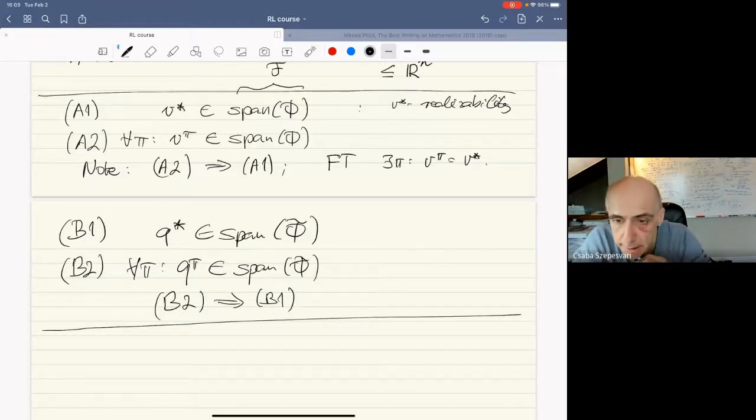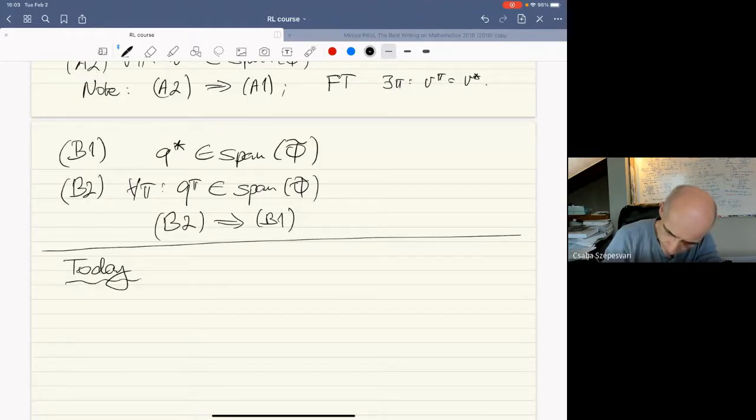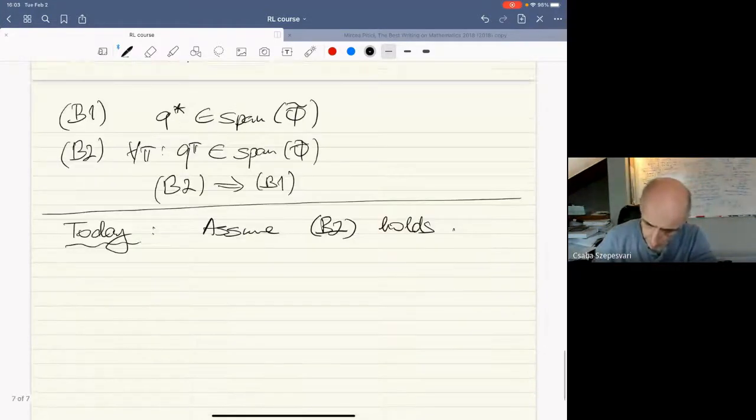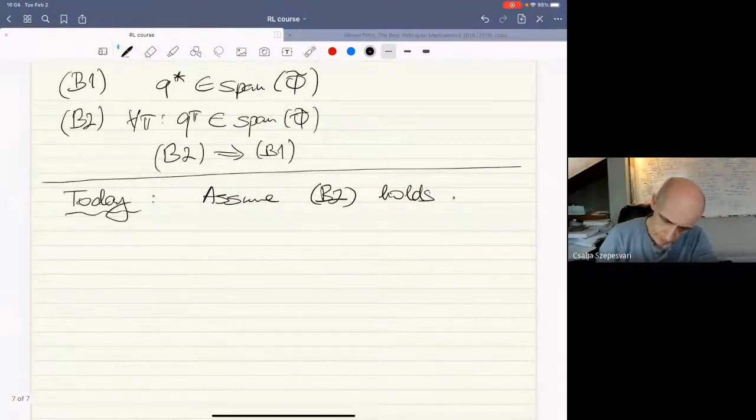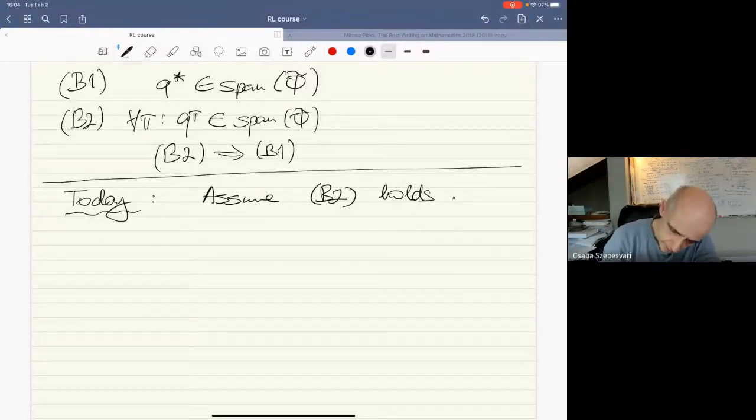So we're going to start with B2. So let's assume that B2 holds.